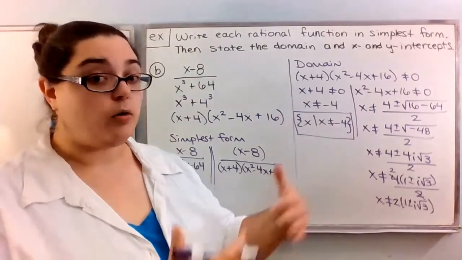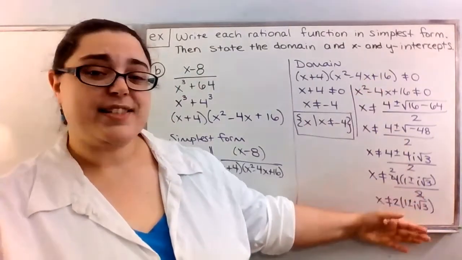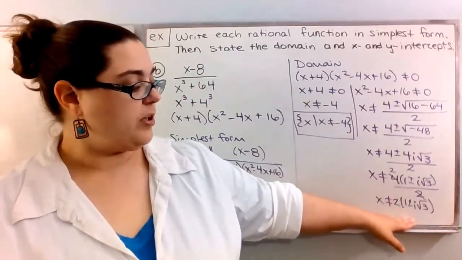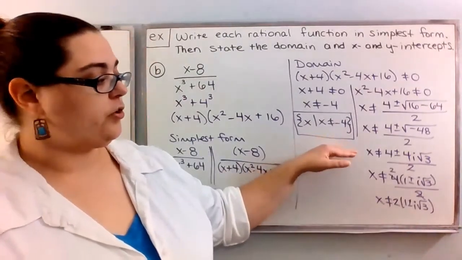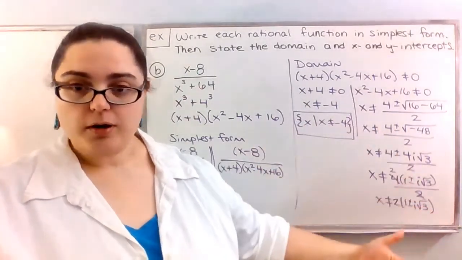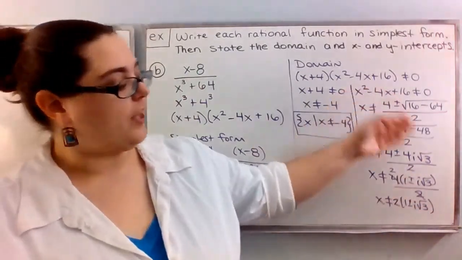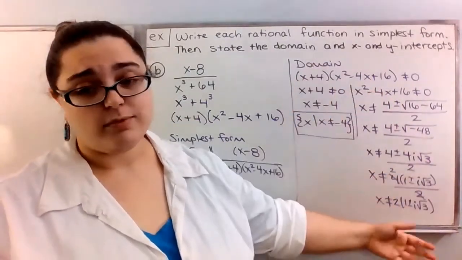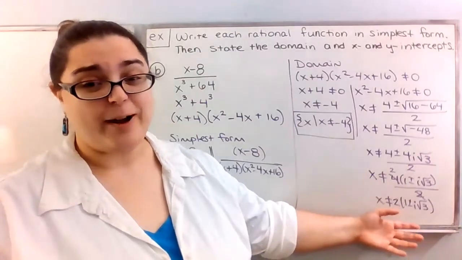So again, it's not wrong to do this. It's not really wrong to include 2 times 1 plus or minus i root 3 in your notation here. It's just unnecessary work, and it's a place where you're likely to make some mistakes. And it's a tough process to do, right?